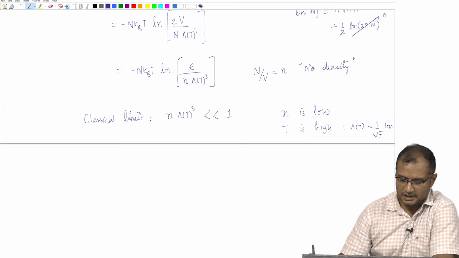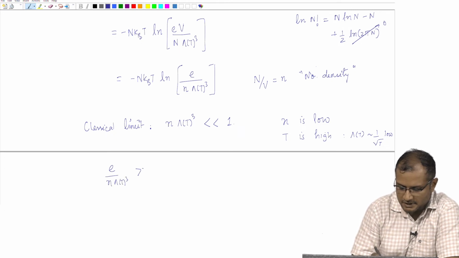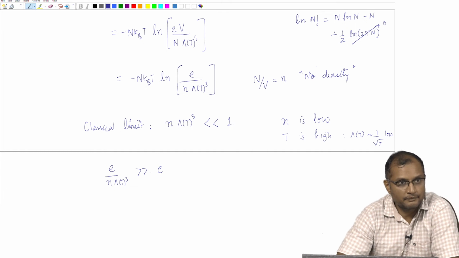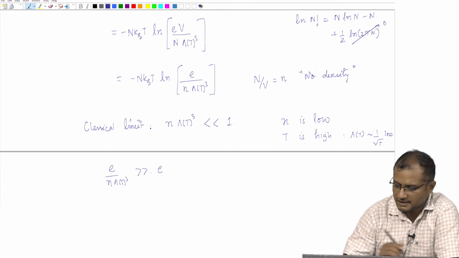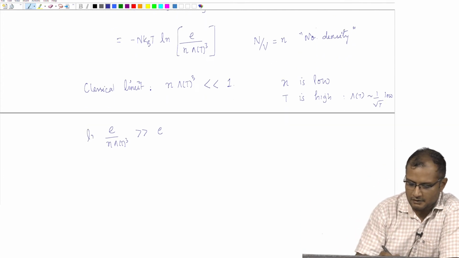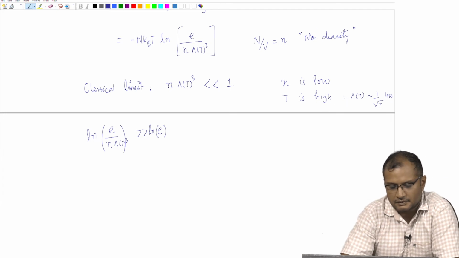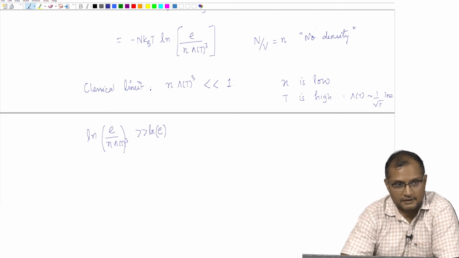Right. So, if this is the case, then I can always say that e over n lambda_T cubed is much greater than e. If that is the case, I can say that ln of this is much greater than ln of e, or at least greater than ln of e.